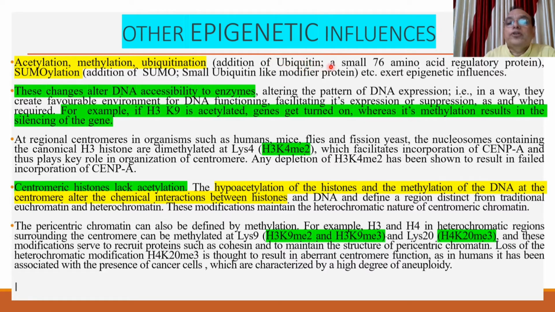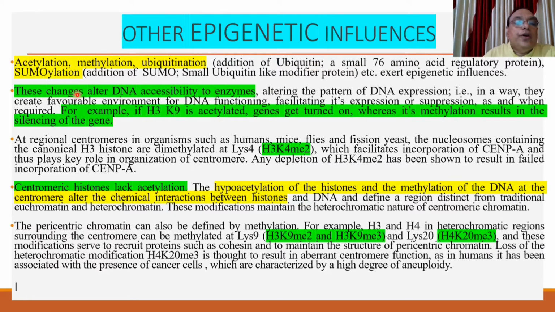So ubiquitin is a small 76 amino acid protein, and its addition and deletion to the histone proteins of the nucleosome core can have impact upon the expression of the DNA. Either it may induce the expression of the DNA or may suppress it.